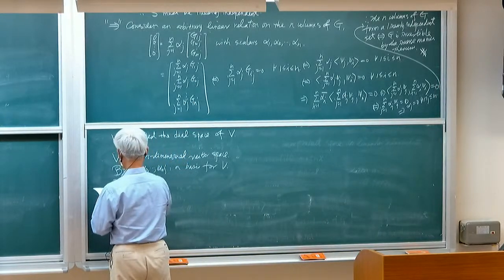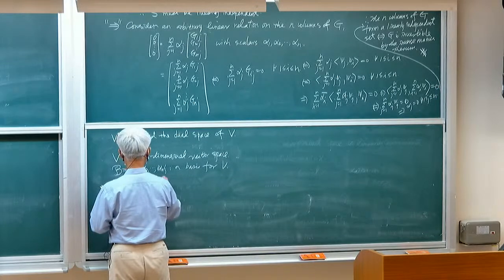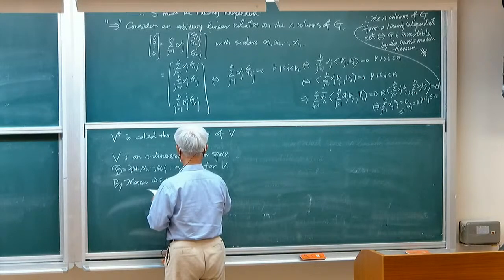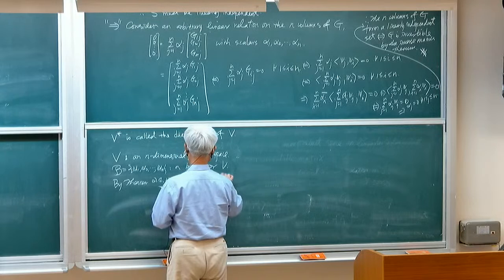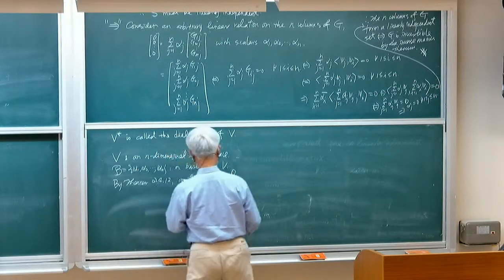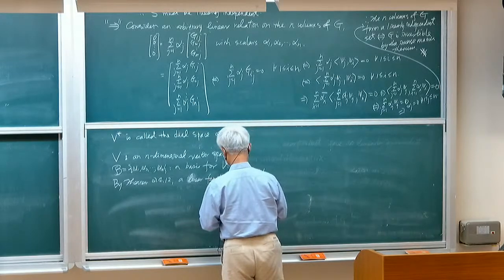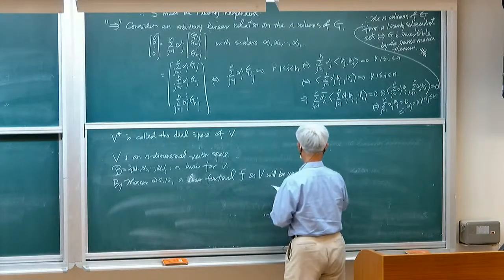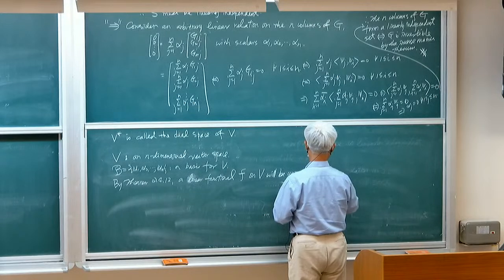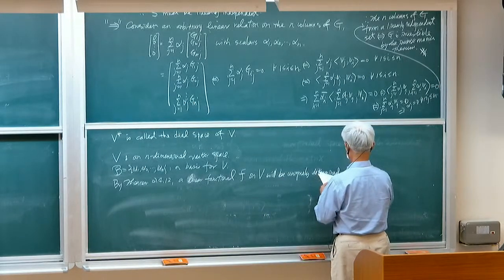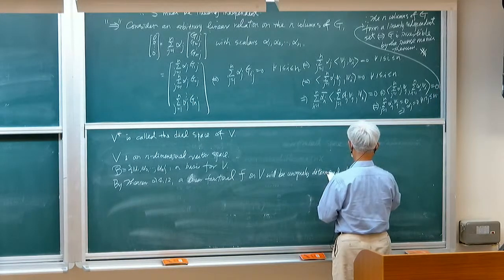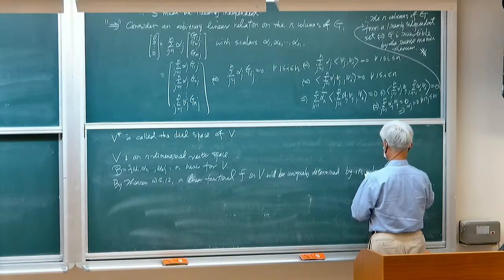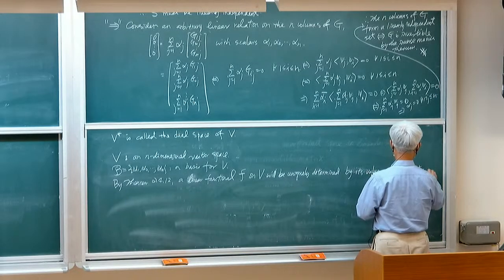And by theorem 2.4.12, a linear function f on V will be uniquely determined by its values at basis vectors ui.